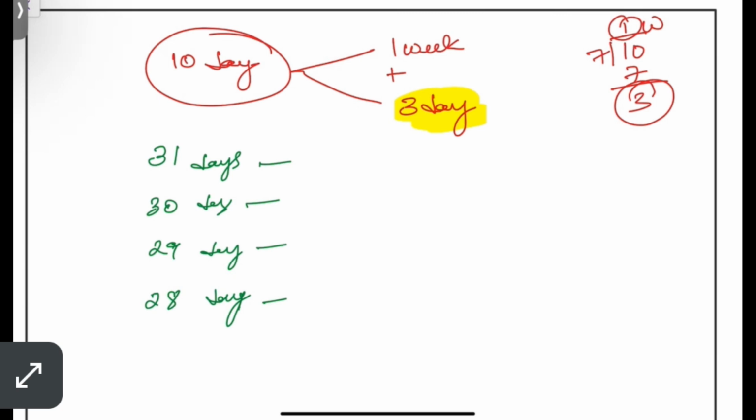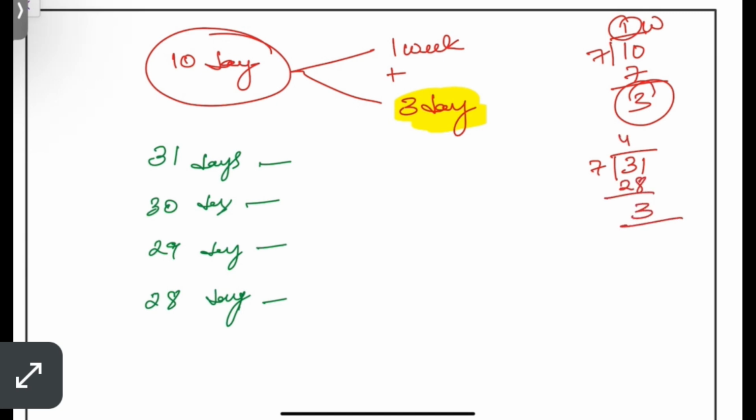So how many odd days are in 31 days? I'll divide it by 7, because to get the number of odd days we divide by 7. That means we are converting it in terms of weeks. 7 fours are 28, so 3 is left.